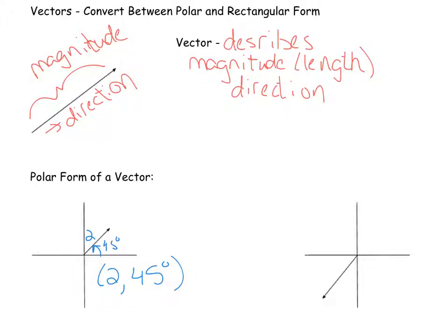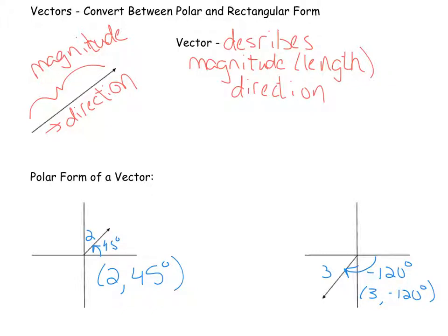Okay, so this one over here, let's say it has length 3. And let's look at a negative angle here. We're not going to deal with those a whole lot, but they're out there. And negative 120 degrees. So this would be 3, negative 120 degrees. So you put the length first, the magnitude first, and then you put the angle second.